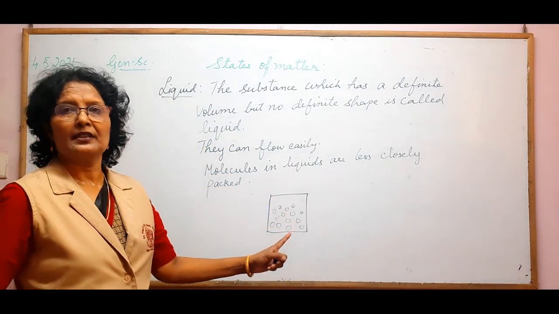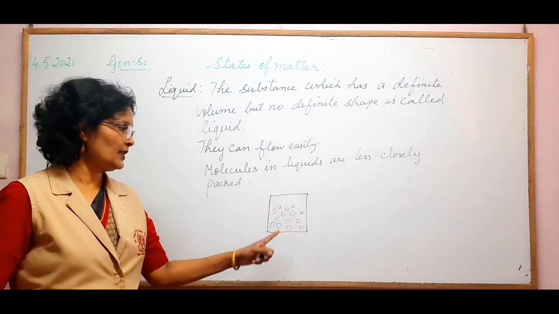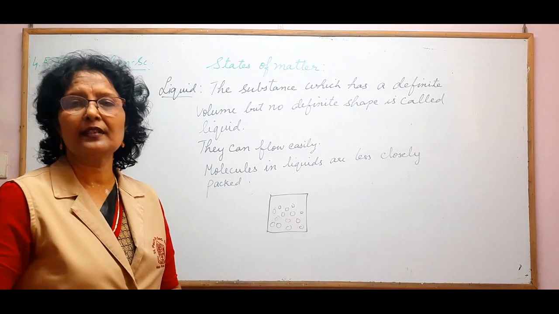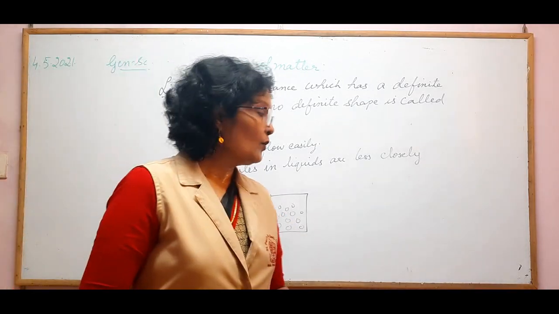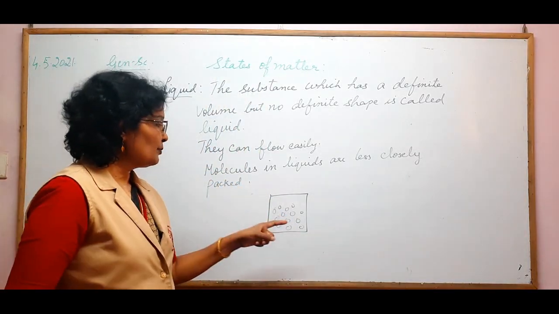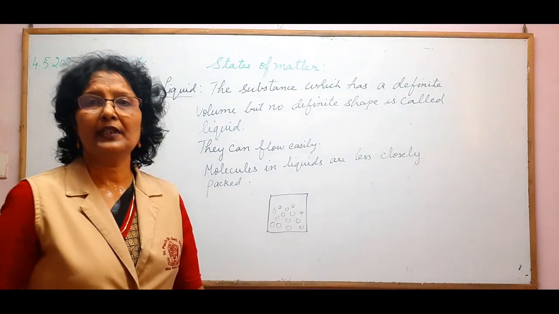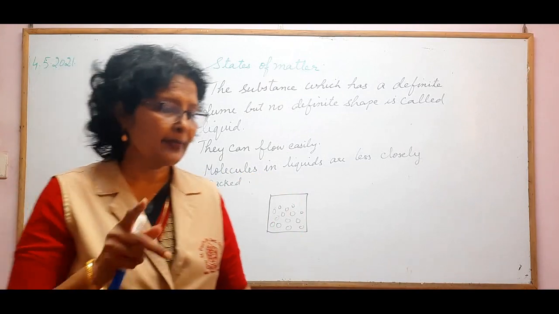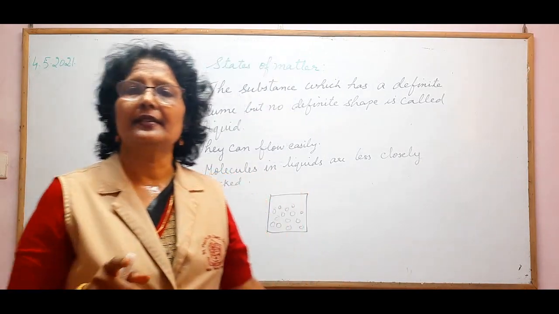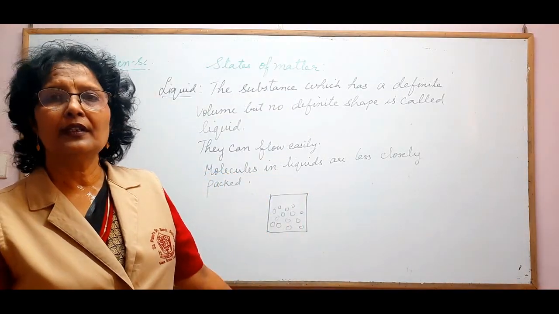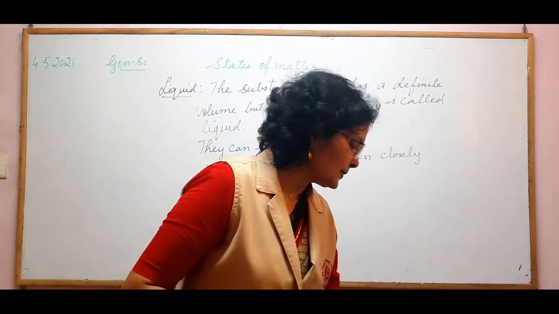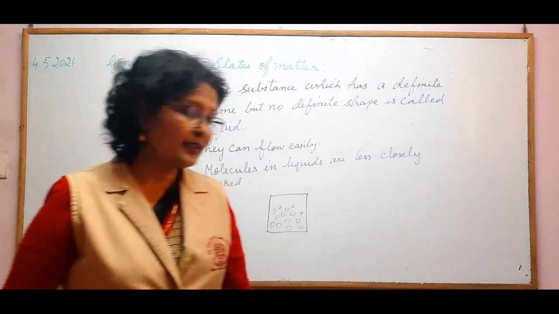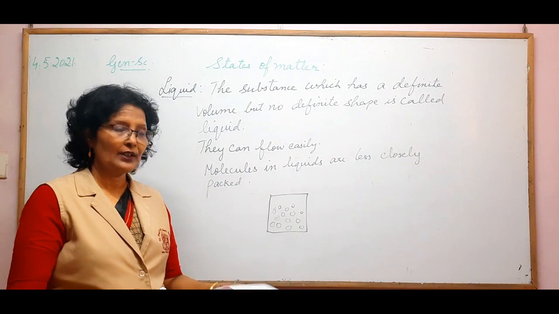There is intermolecular space between two molecules. You can see the space. Why is it so? Because the force of attraction between the two molecules is less as compared to the solid. So it is less closely packed.